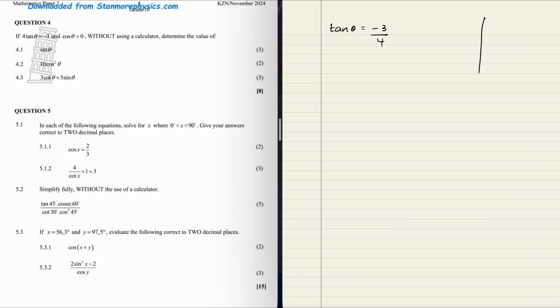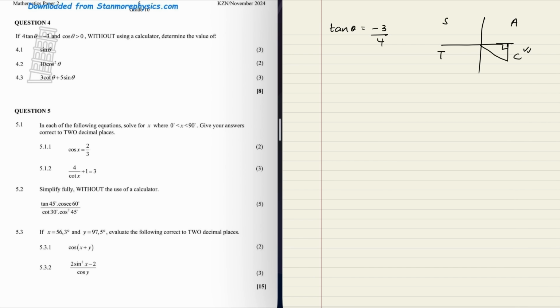Now, if we recall our CAST diagram, they tell us that cos theta is positive. So cos is positive in this quadrant here. That means that all the other trig ratios are going to be negative. So the quadrant that we're looking for is going to be this fourth quadrant. So if I'm going to draw in our triangle, the triangle is going to look something like that.